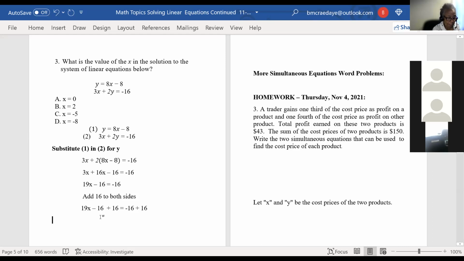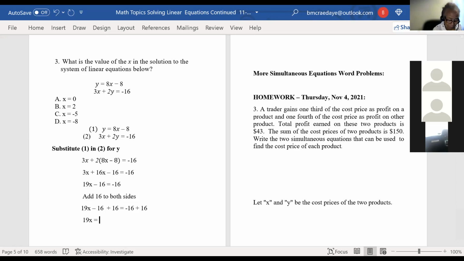On the left again, 19x. That's right, because minus 16 plus 16 is 0. So 19x. And what's a minus 16 and the plus 16? Minus plus, same value, always 0.